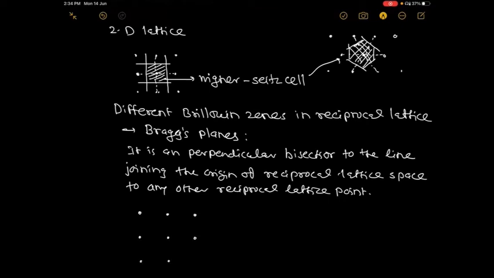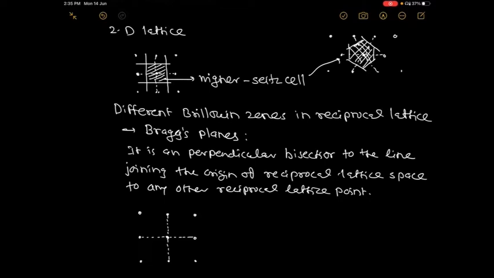As in the earlier procedure, we choose the center point as the origin in the reciprocal lattice space, and from the origin we choose the closer reciprocal lattice point. We join the origin with the reciprocal lattice point.